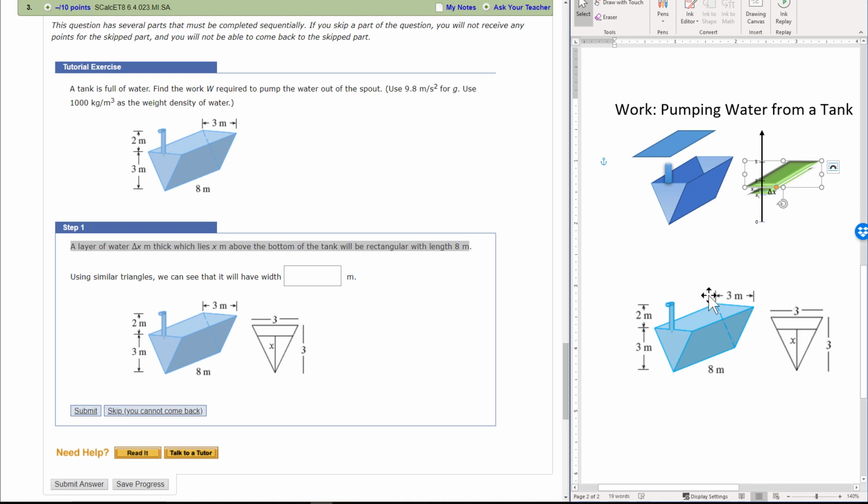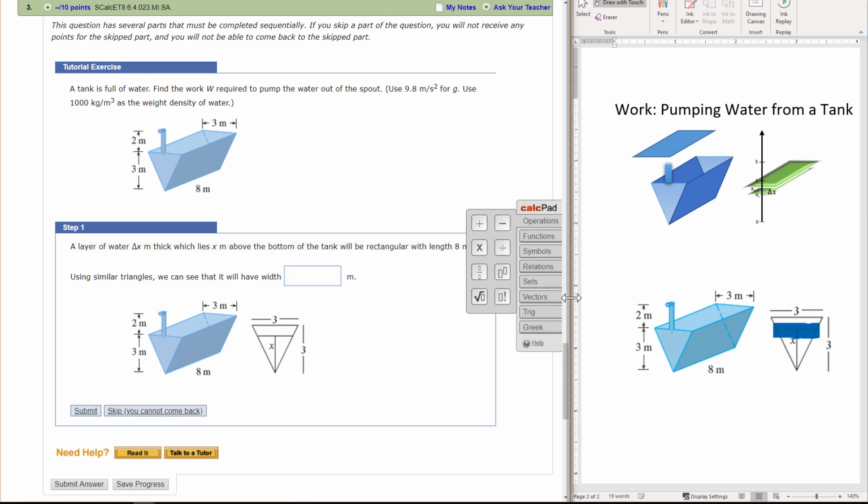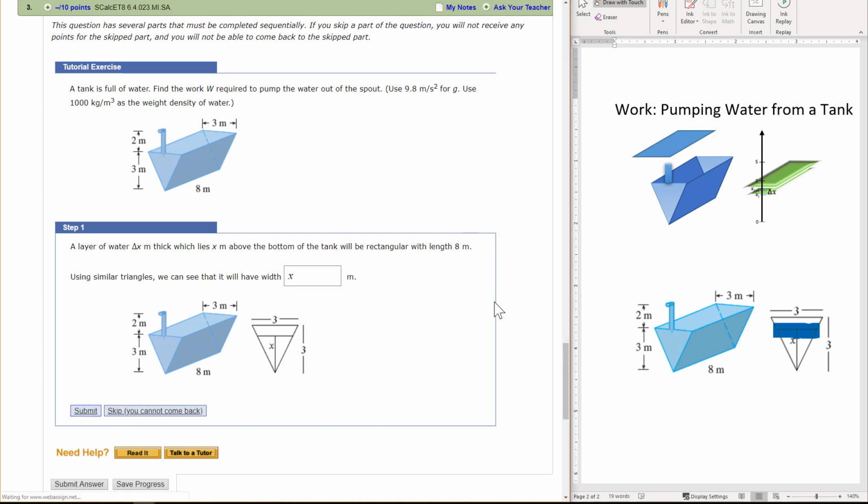If this is the value of x, if we're at this depth over here, x, we want to know what this distance is. We have a height of 3 and a base of 3, so the height is x, then the base is also going to have to be x by similar triangles. So I think this first one should be x meters.